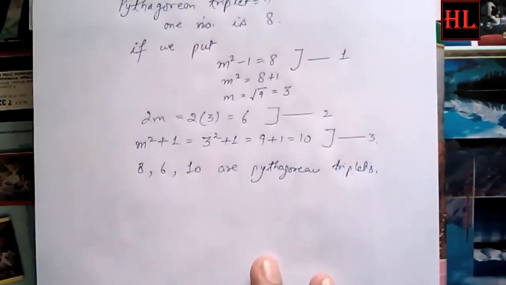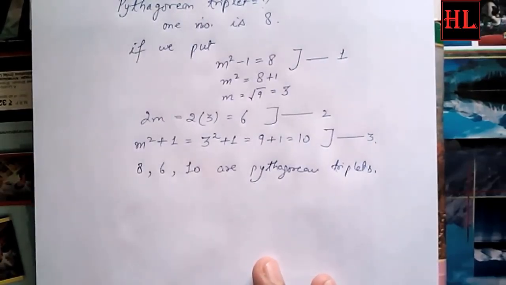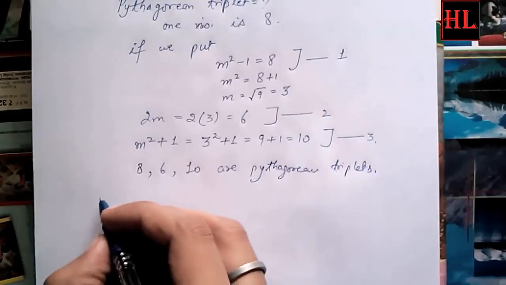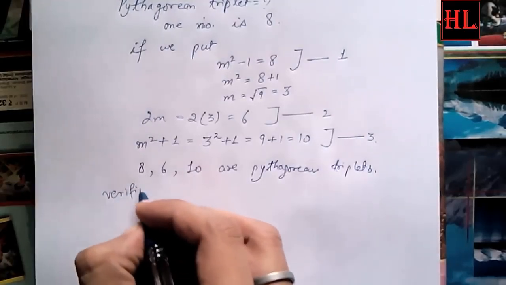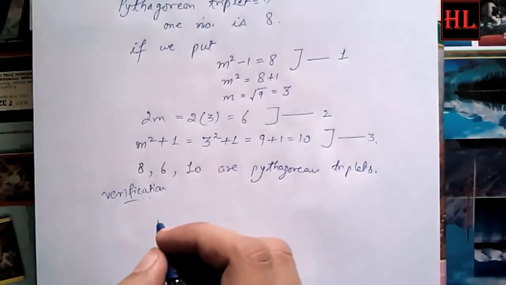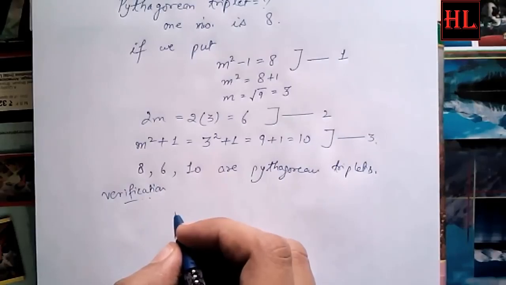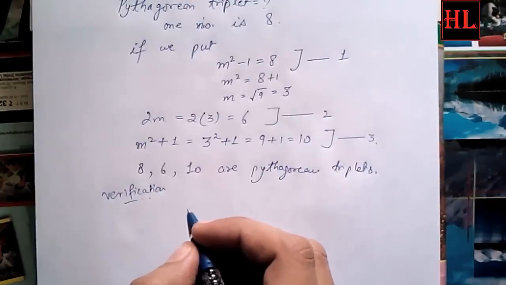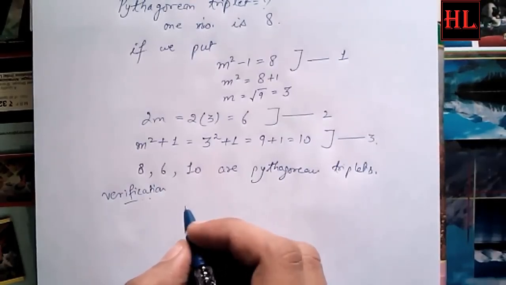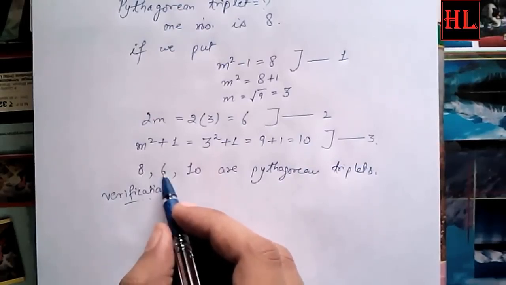Now we'll verify this by using the Pythagoras theorem. For that we'll take the sum of the squares of the least two numbers and see if it is equal to the square of the largest number. The least two numbers in the Pythagorean triplet are 8 and 6.